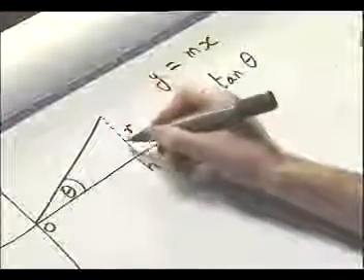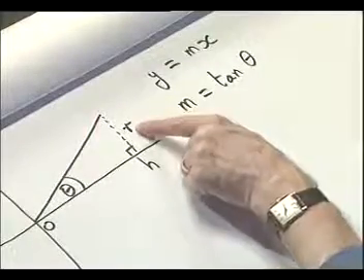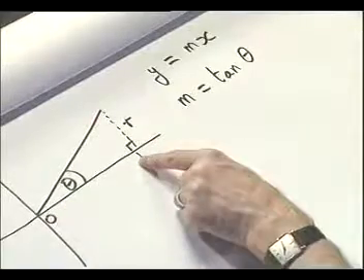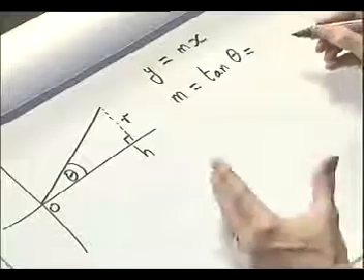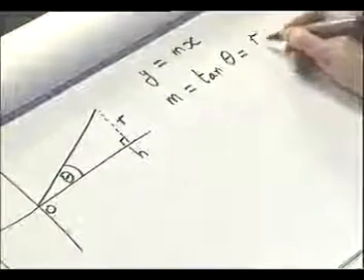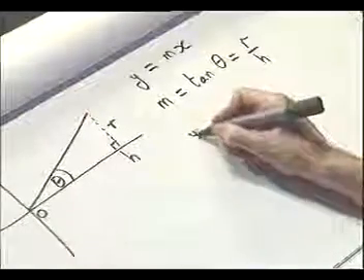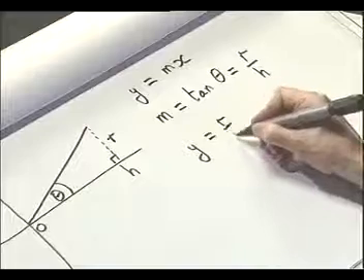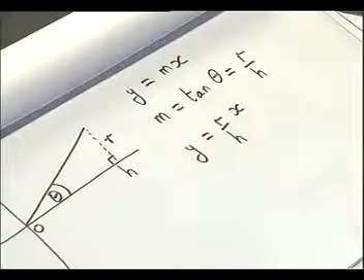But we can see that we have a right-angled triangle here. The opposite side to the angle is r, and the adjacent side to the angle is h. And so tan theta, which is opposite over adjacent, is r over h. So this means that the equation of our line is y equals r over h times x.